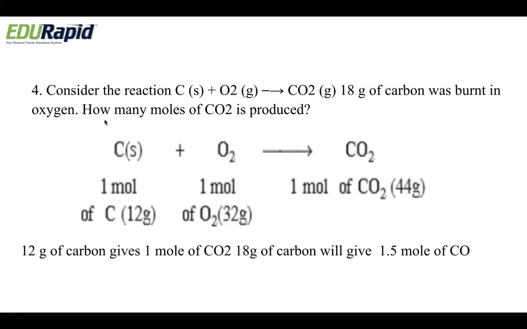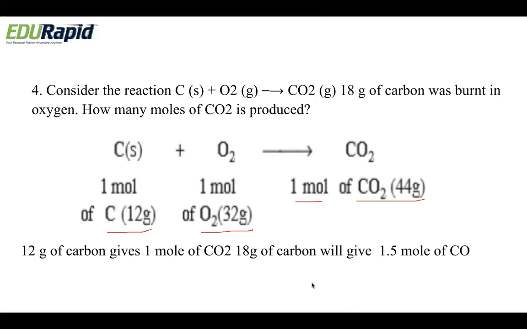So we already know the atomic mass of carbon is 12. So if 12 grams of carbon burns with 32 grams of oxygen, it produces 1 mole of carbon dioxide. And they are asking, 18 grams of carbon will burn, right? So if 12 grams will give you 1 mole, then 18 grams of carbon will give you how many moles?